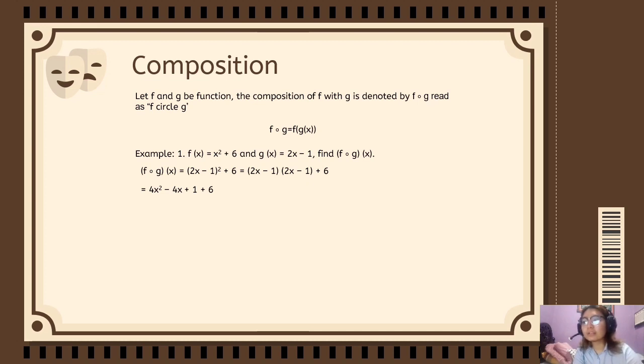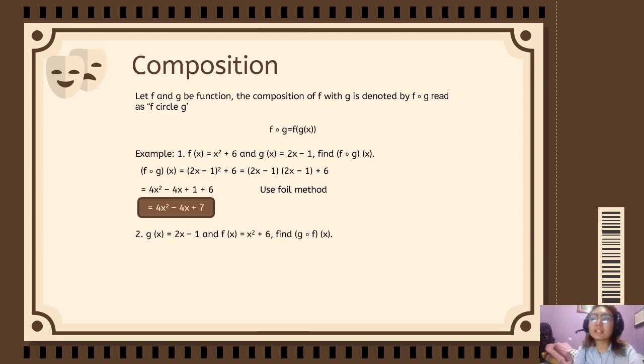Okay? I-bring down natin yung plus 6. Ginamitan natin siya ng FOIL method. Ang magiging sagot niya ay 4x squared minus 4x plus 7.